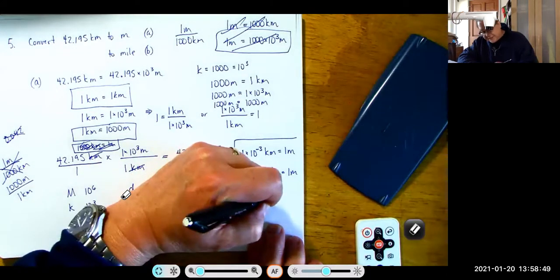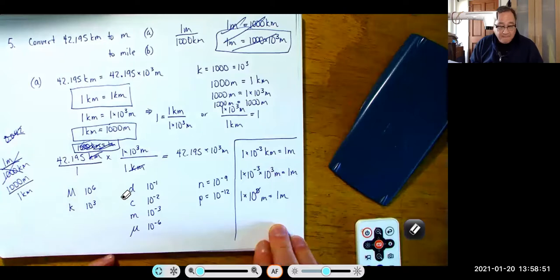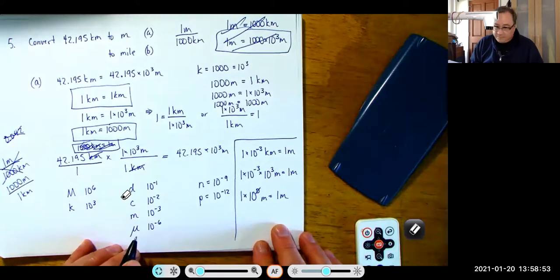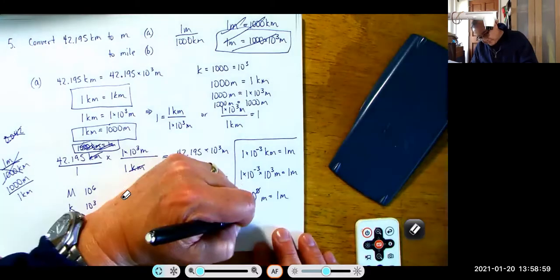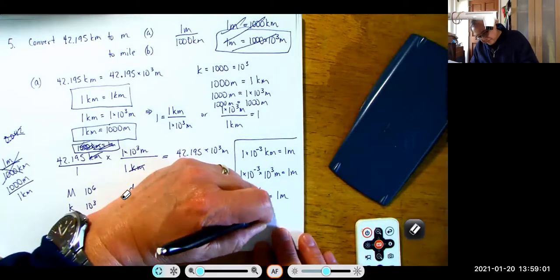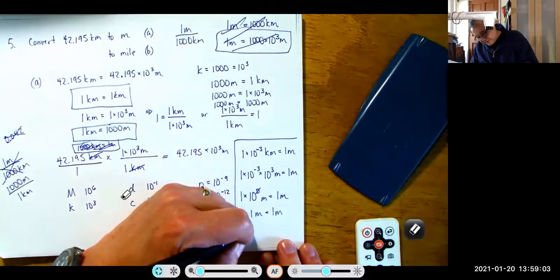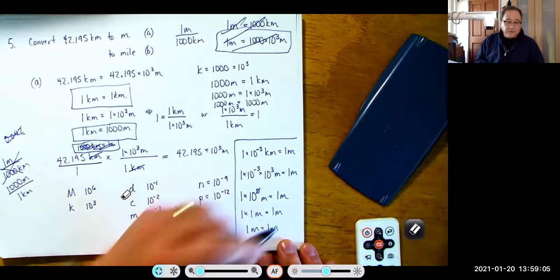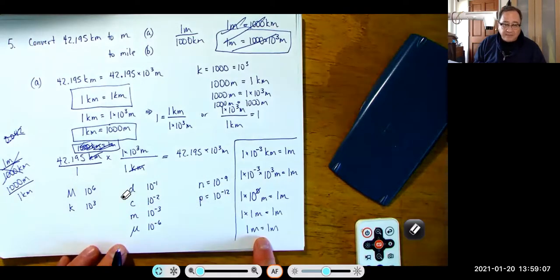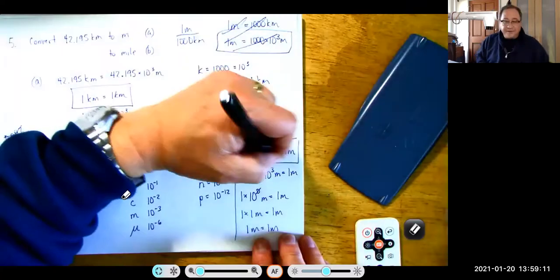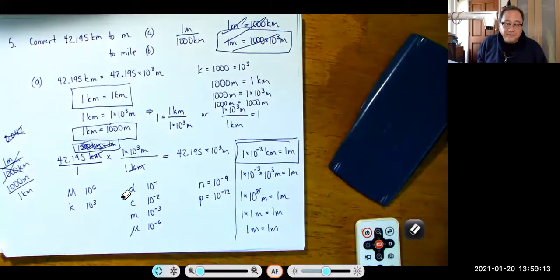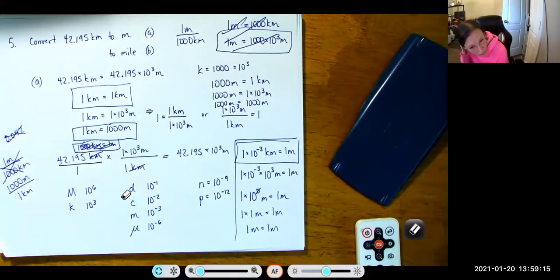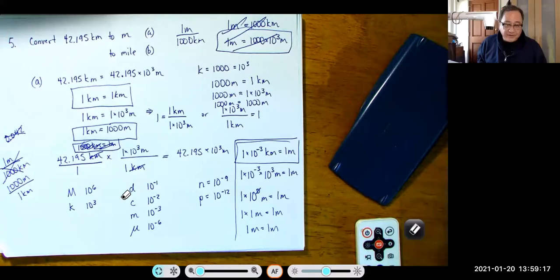Now, what is 10 to the 0 power? 1. Okay. Any number to the 0 power is 1. So does it work out okay at the bottom? So what does that mean about this? That it's equal. It works. Okay.